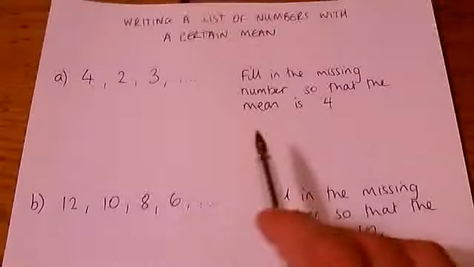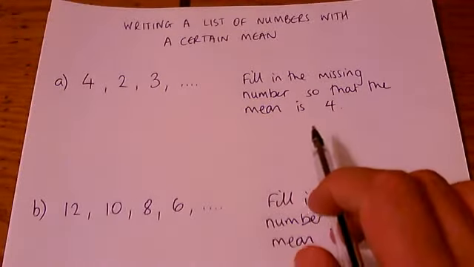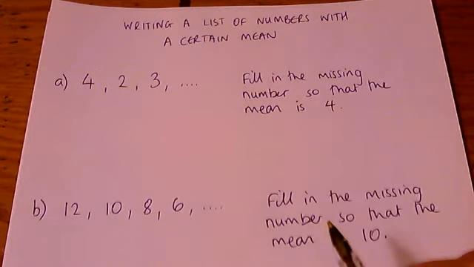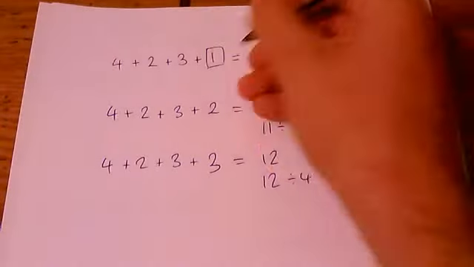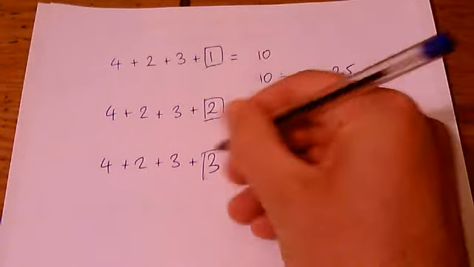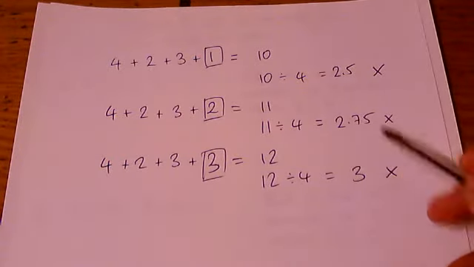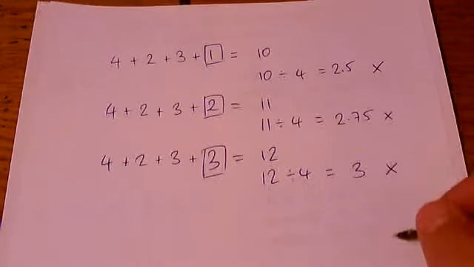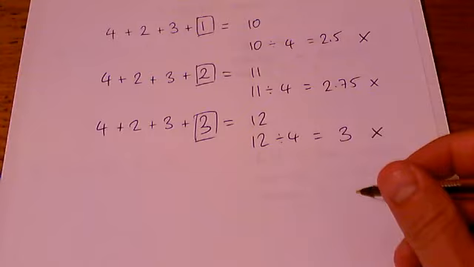Remember, I've got to keep the 4, the 2 and the 3 the same, and I've got to fill in the missing number so that the mean is 4. I haven't found that correct missing number yet. It wasn't 1, it wasn't 2, and it wasn't 3. They all gave us the incorrect mean. So let's have a think about how I can search this a little bit more sensibly.